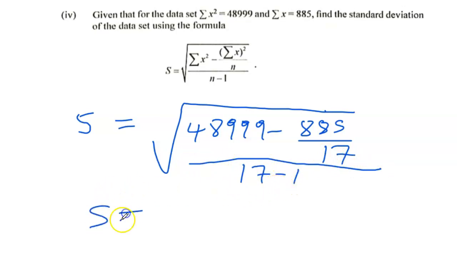We can just use a calculator and we should get 13.5.